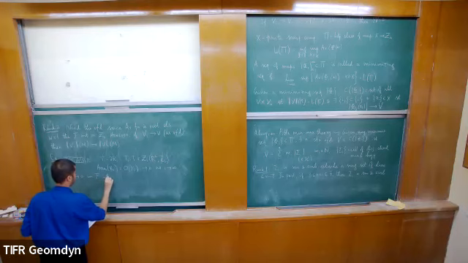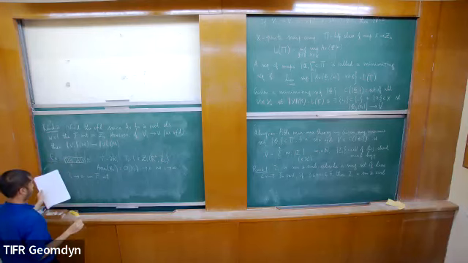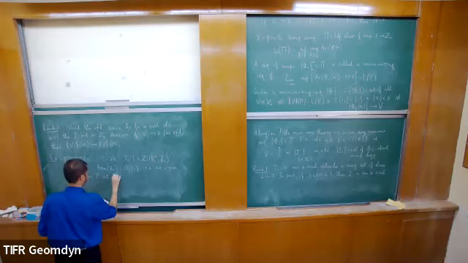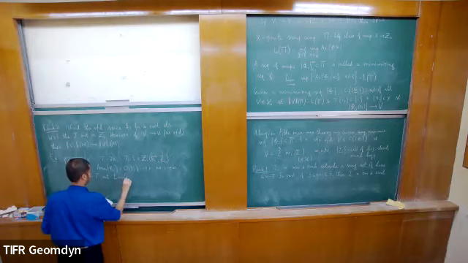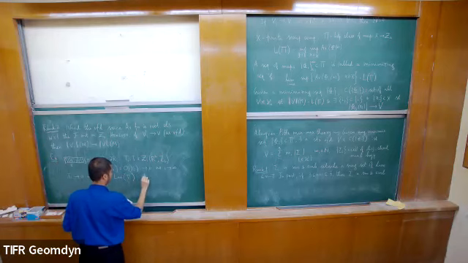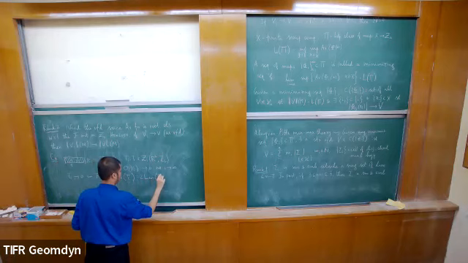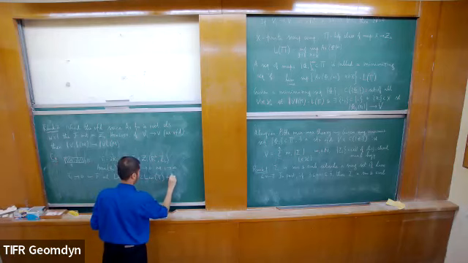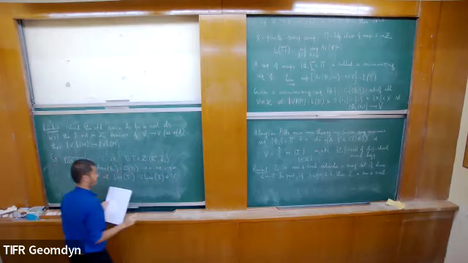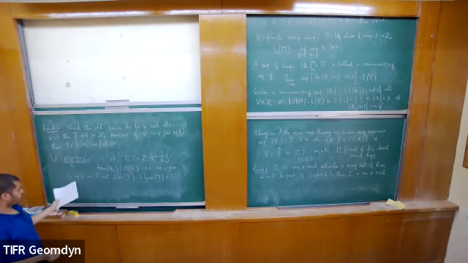However, we note that the length of Ti is 2 times the length of T plus 2 over i. So this shows that the length is not continuous with respect to the flat metric.